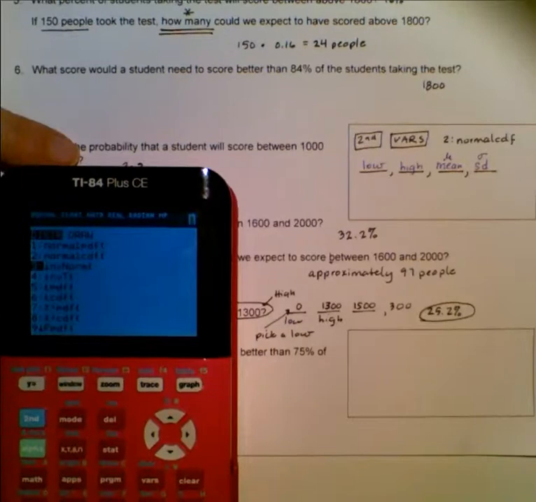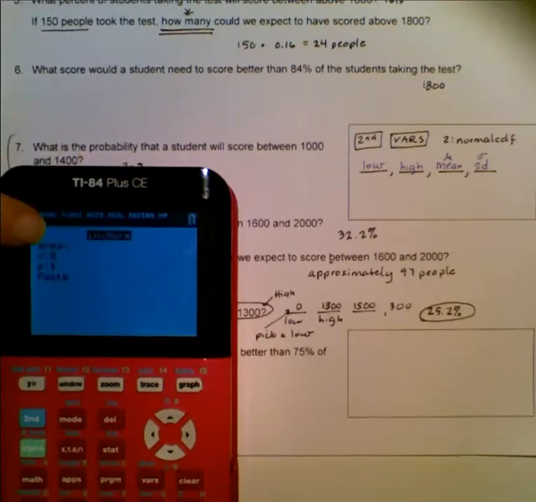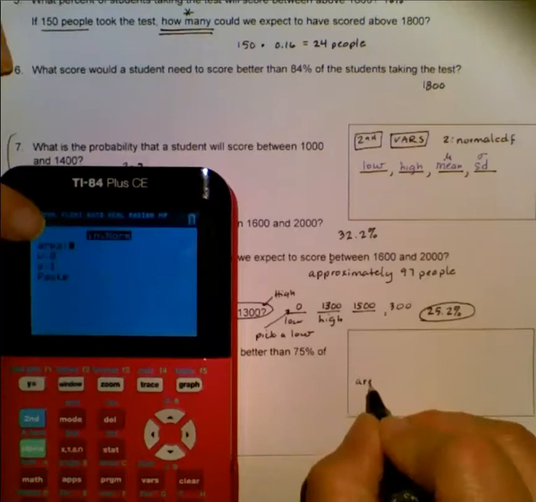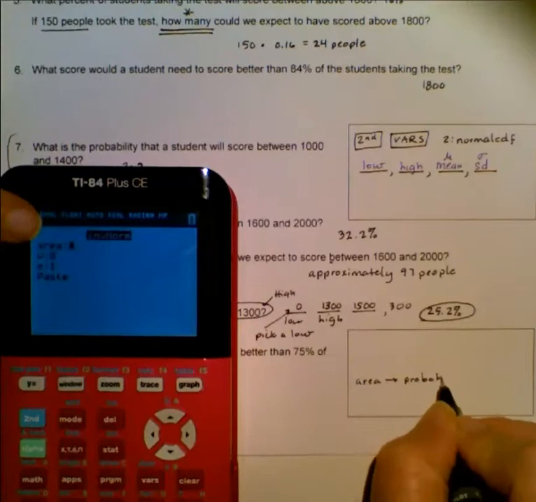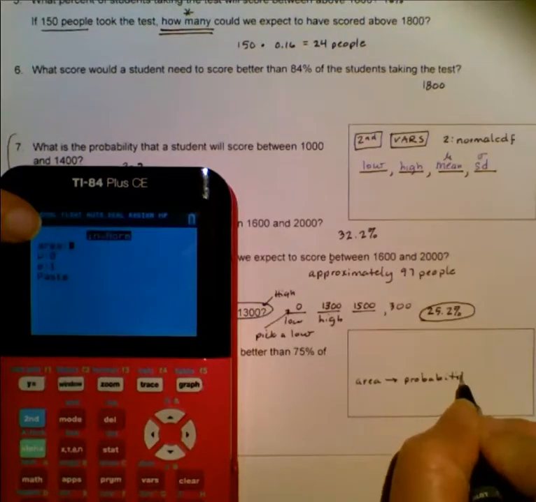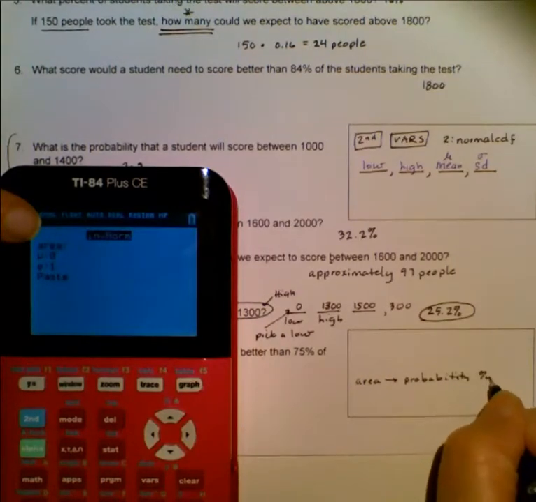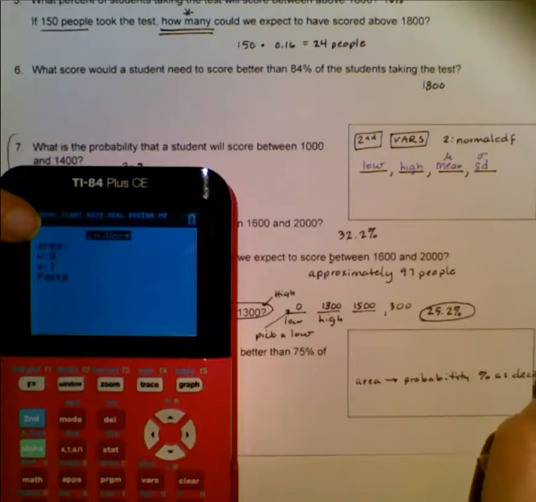So we're going to choose inverse normal. The area there, where it says area, that's really your probability that you're going to put in there. So it's your percent as a decimal.